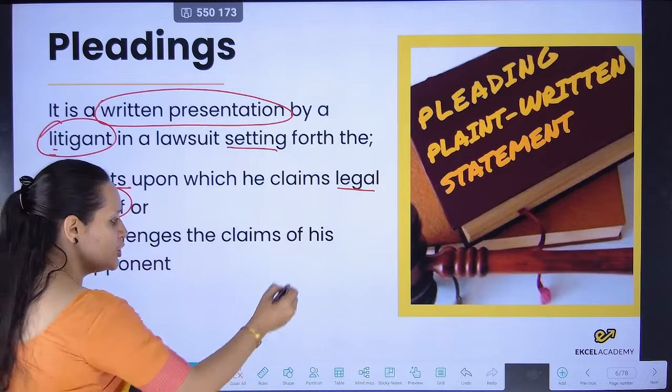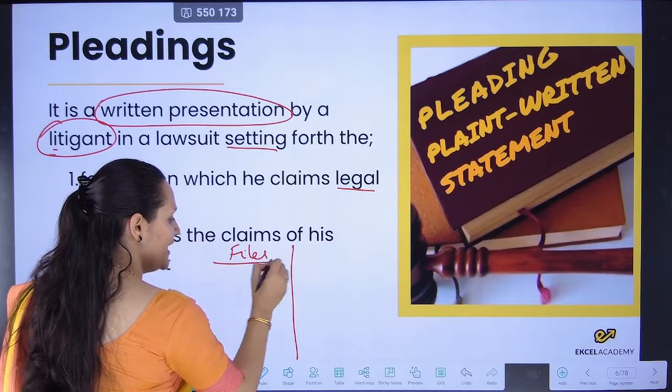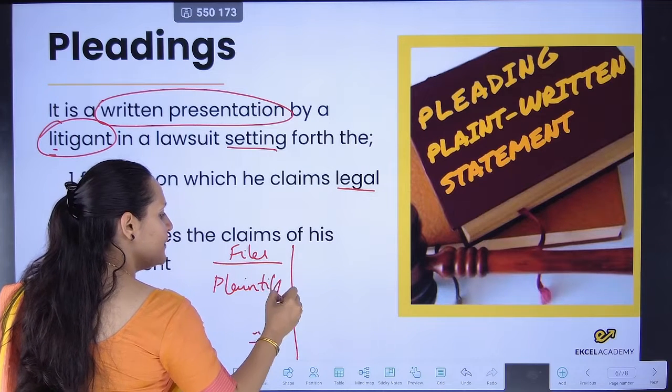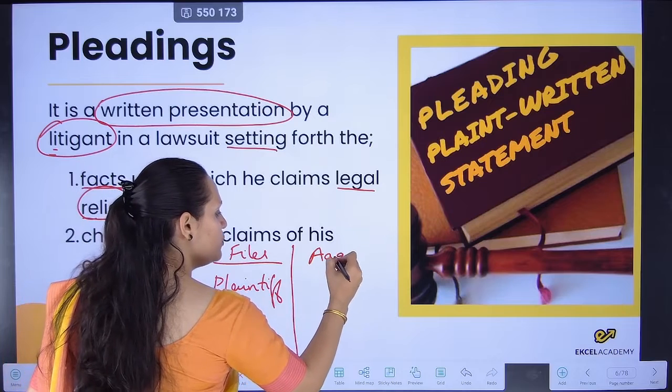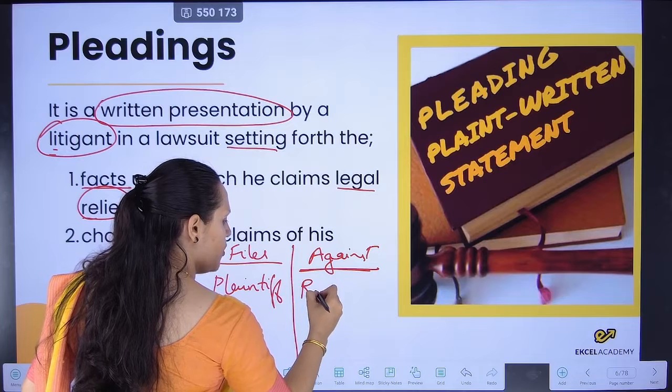There are two parties to any case. One party, the person who files the case, who initiates the case, is called the plaintiff. And the person against whom we are going to file a case is called the respondent.